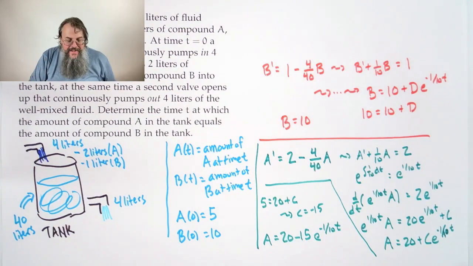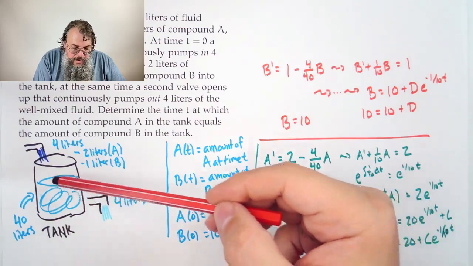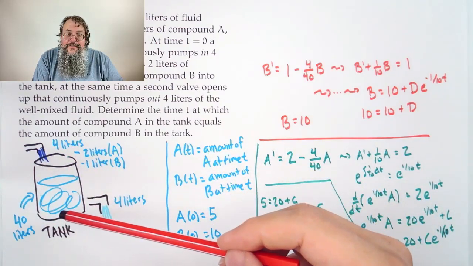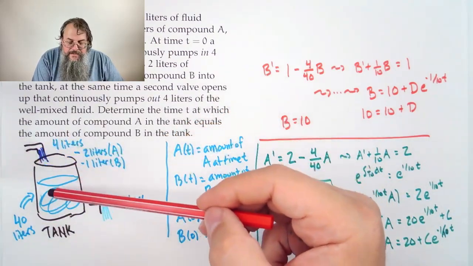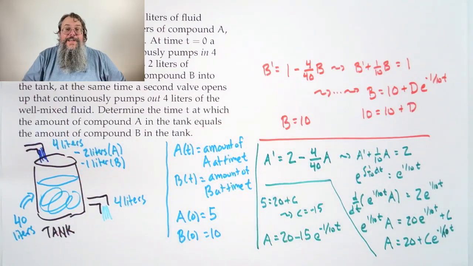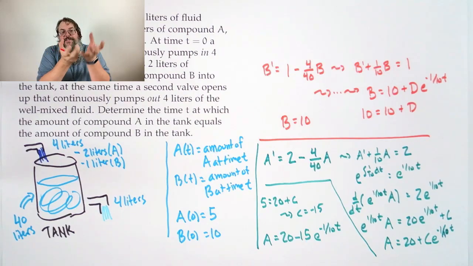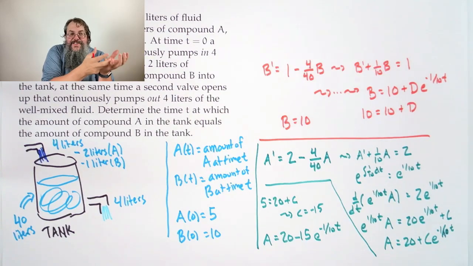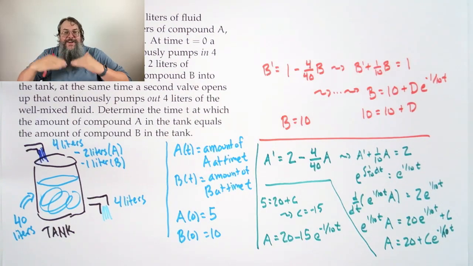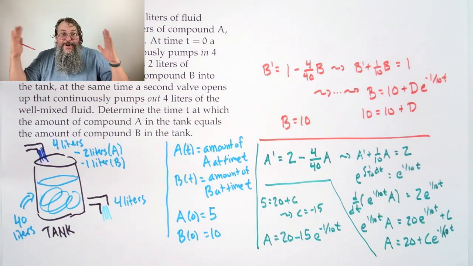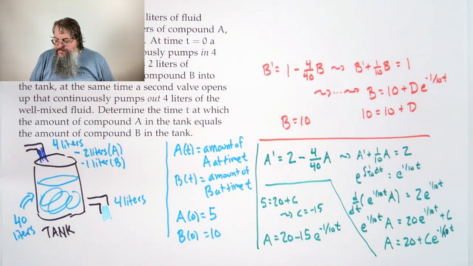Because notice that initially 1/4 of the tank is B. And in the inflow, 1/4 of the inflow is B. So as far as B is concerned, what's coming in matches with what's still there. So it's not going to change. Perfect. Well, that makes it super easy.